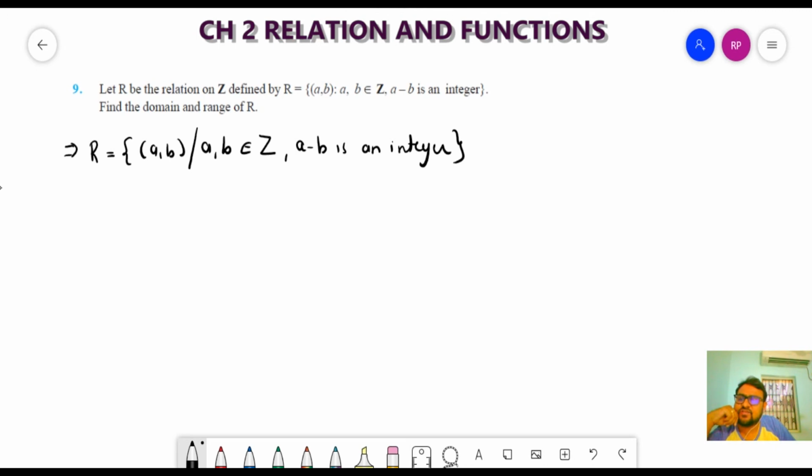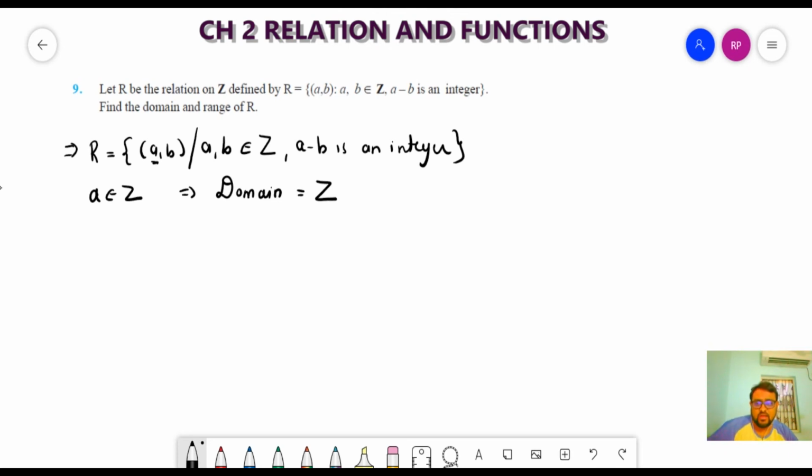Now see, here it is given a belongs to Z. That means the first element you can take any integer. So from this we can say that the domain will be equal to Z. Any integer, right? Now you have to select b in such a way that a minus b is an integer, right?